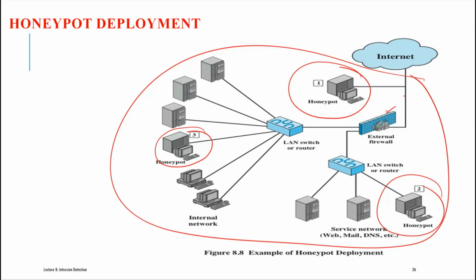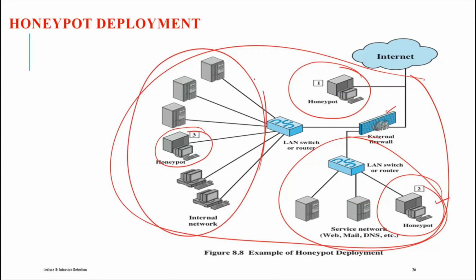You can keep your honeypot machine there. Then this is called the demilitarized zone. Demilitarized means anybody can visit this area. So in the demilitarized zone you can have the honeypot, and this is the militarized, security controlled area. Here also you can have honeypot machines. So this is about honeypot deployment.